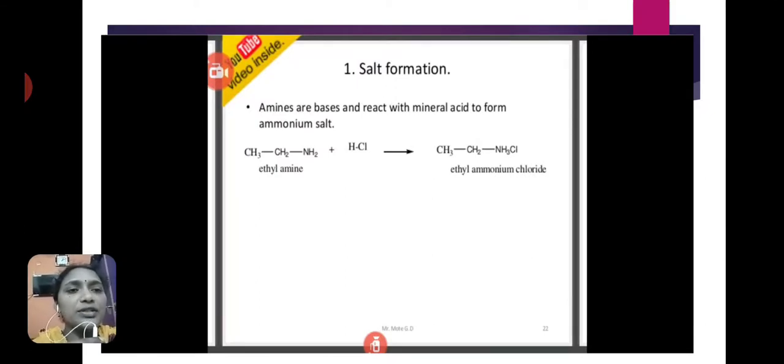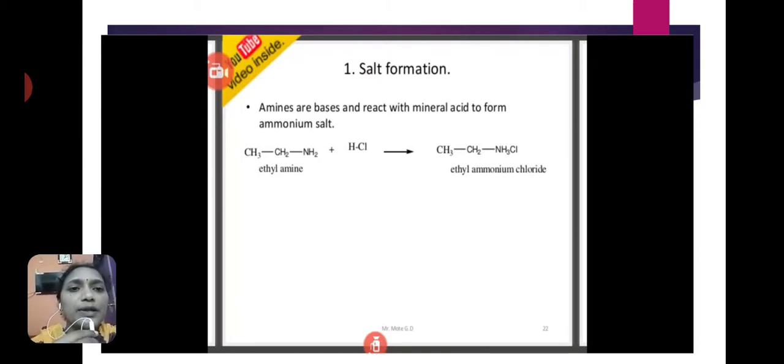First reaction is salt formation. Amines are bases and react with mineral acid to form ammonium salt. When these react with any acid, they can form salts.